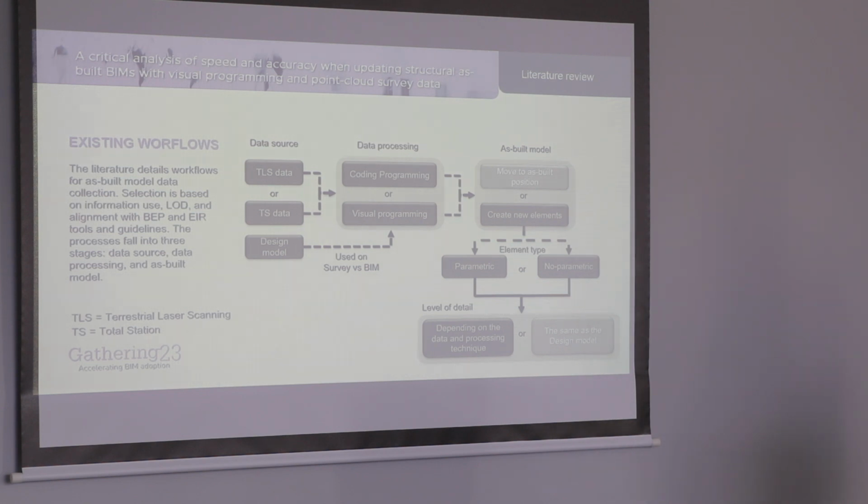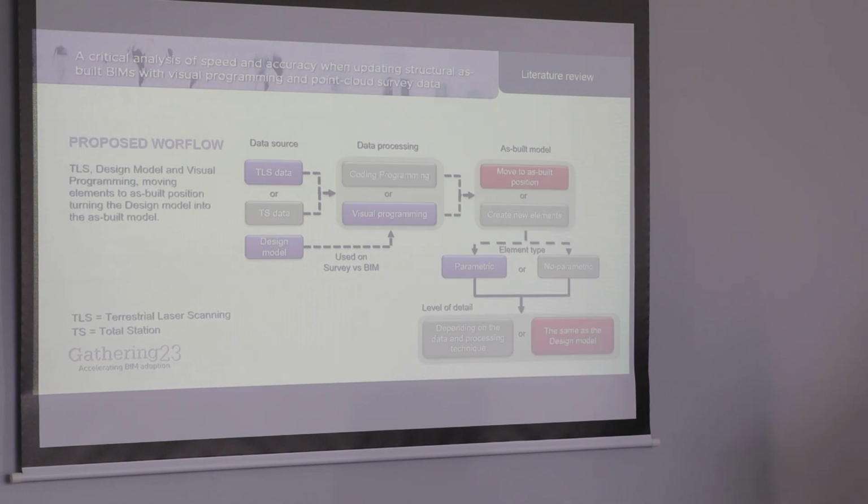But on the construction side, we only need the parametric element and the geometry to do our spatial coordination. And I'm saying spatial coordination is not the design one. It's during construction, because I'm assuming that there are some errors in the construction, and I want to spot that. So that's the proposed workflow.